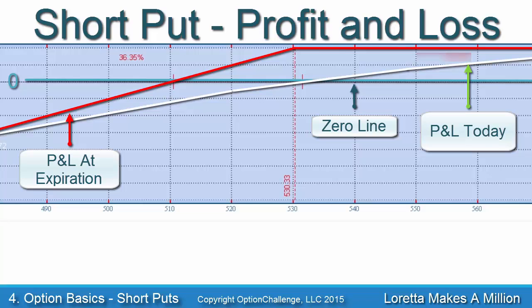This means that we make more money as time goes by. For example, if Google drops to $520 today, you would lose money. If Google drops to $520 at expiration, you will have a profit. Sellers of options make more money as time goes by.